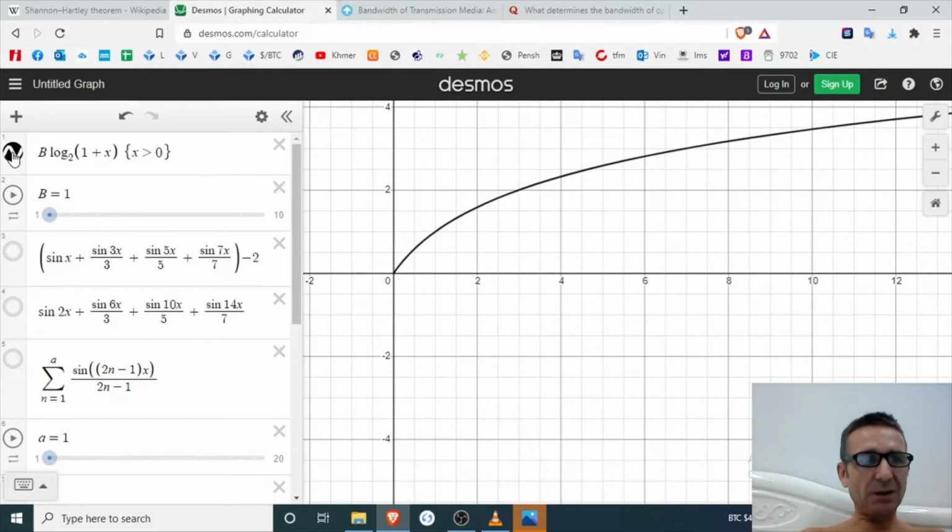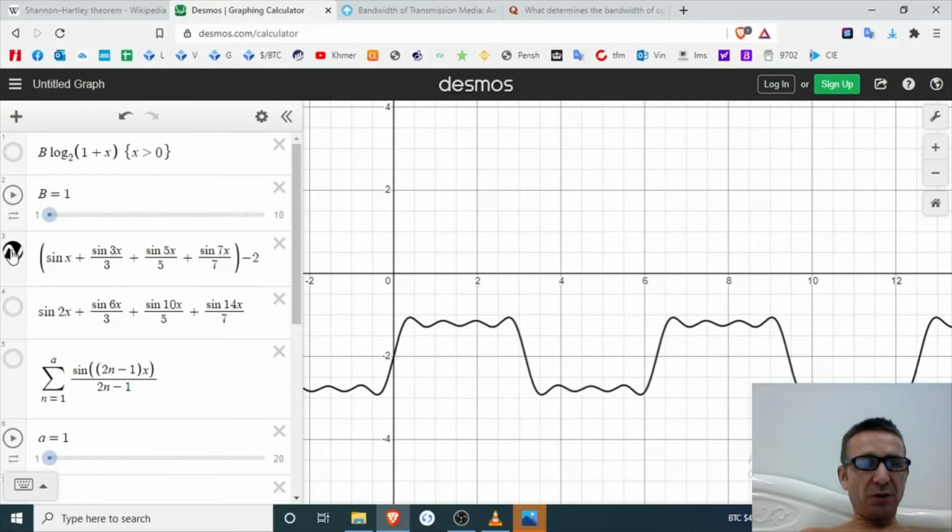Alright, next I want to look at an actual signal. Now, a man called Fourier told us you can make a square wave if you just keep adding infinite harmonics. So what I've got here is a sine wave, the fundamental frequency here, and I've added the first harmonic.